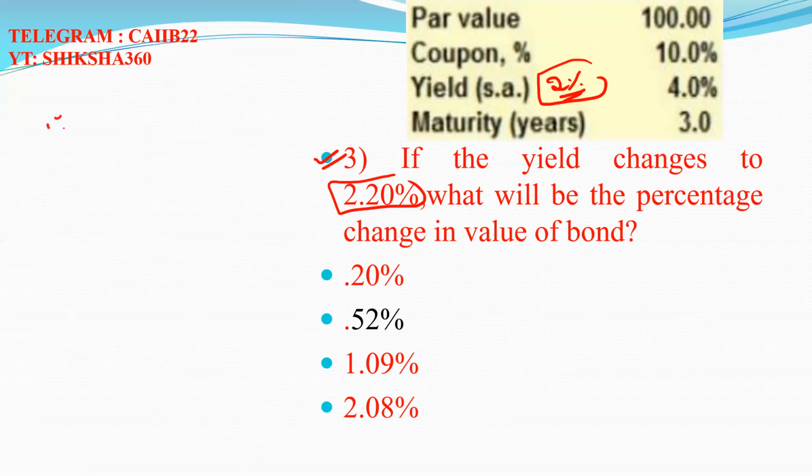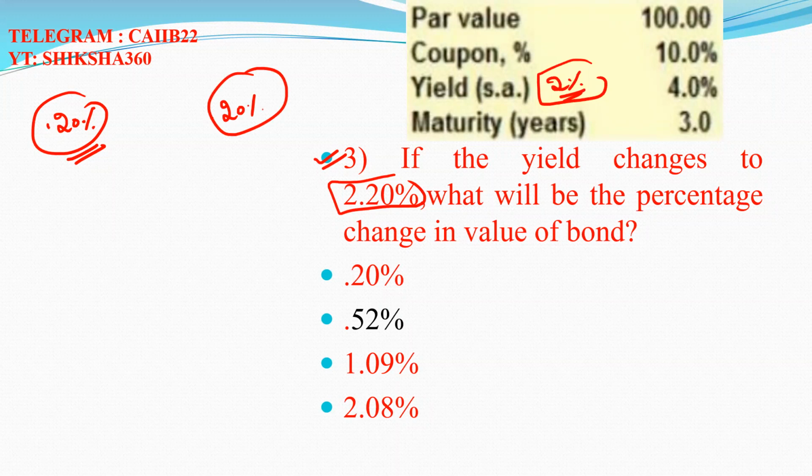So how much change is given? Basically 0.20%. So what will be the percentage change in the value of the bond?